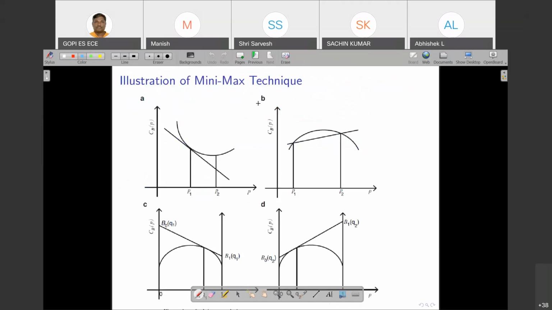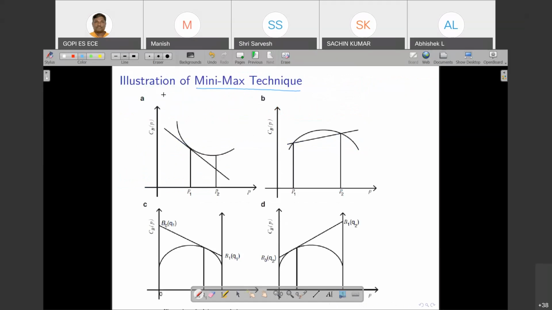This is the important graph to understand this minimax technique. This is the important graph what you see here, right? So what is that valid cost function curve, right? So I have drawn just like that, one as a concave, the another one is the convex, right?